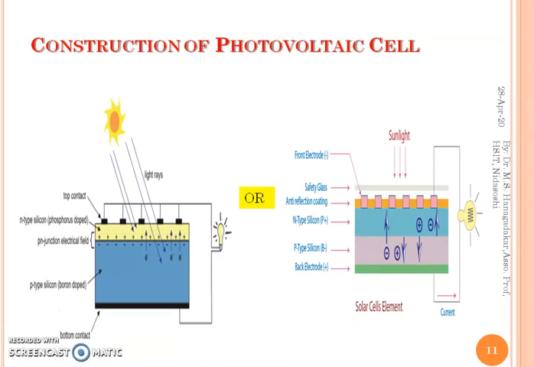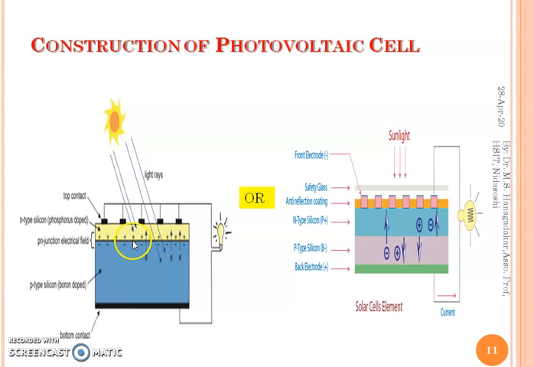In the construction of the photovoltaic cell, we can use semiconducting materials such as arsenide, indium, cadmium, silicon, selenium and gallium. But usually we use silicon and selenium as the semiconducting materials for making photovoltaic cells.